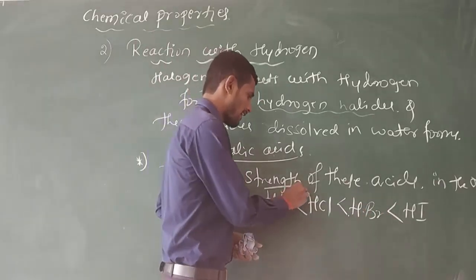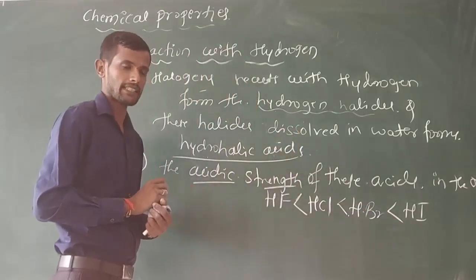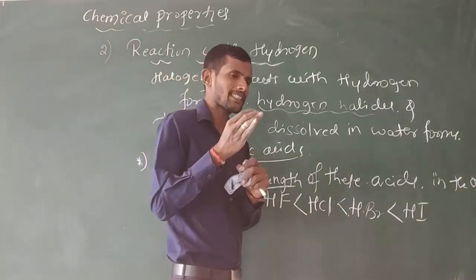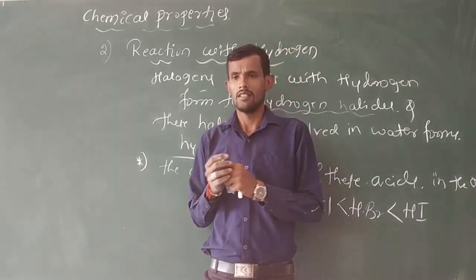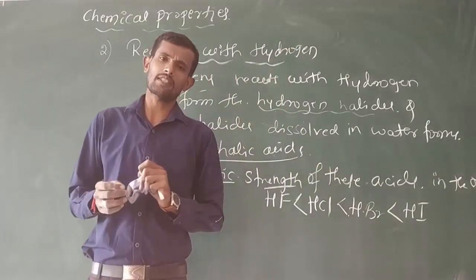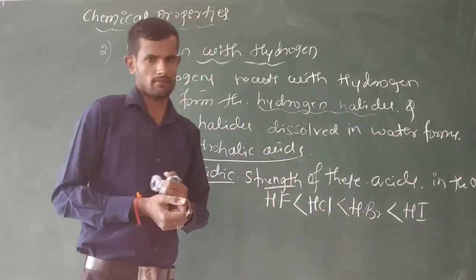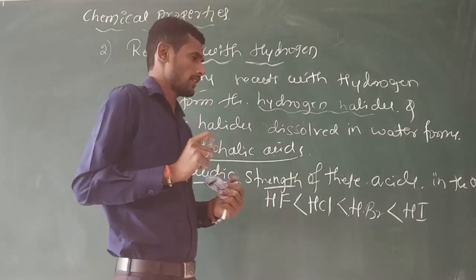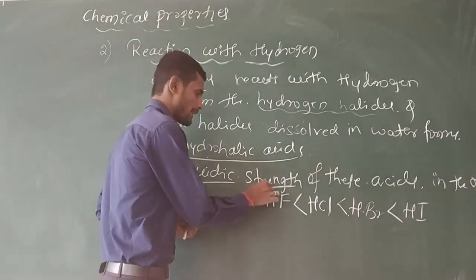Why do I write like this? Students, we know what an acid is. An acid is a substance which donates a proton. Is it correct? Yes. An acid is a substance which donates a proton.